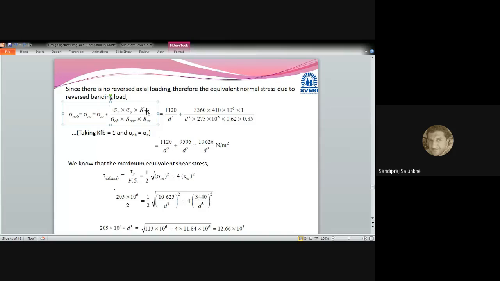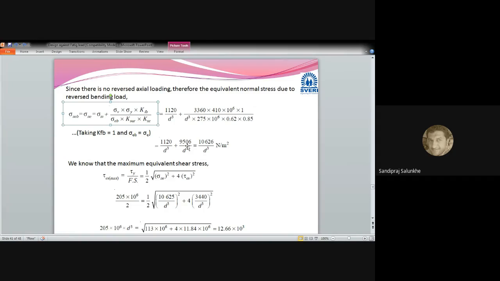The stress concentration factor we have considered as 1. The endurance stress we have calculated as 275 into 10 raised to 6, into surface finish factor given as 0.62, into size factor given as 0.85.